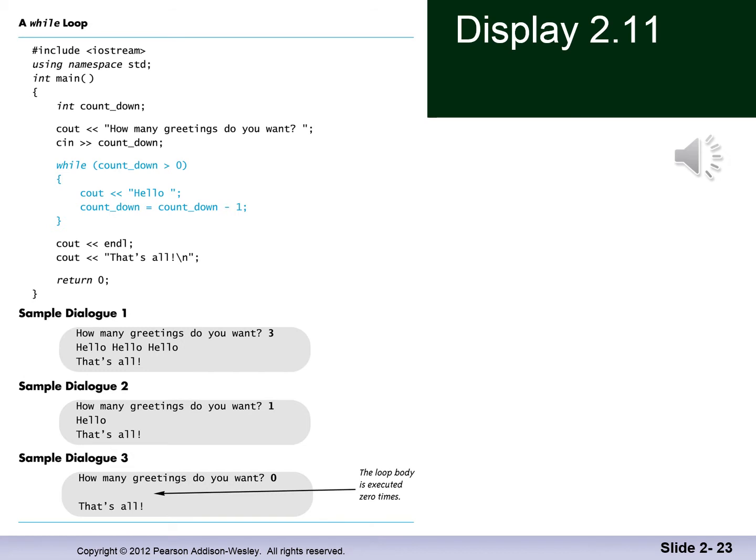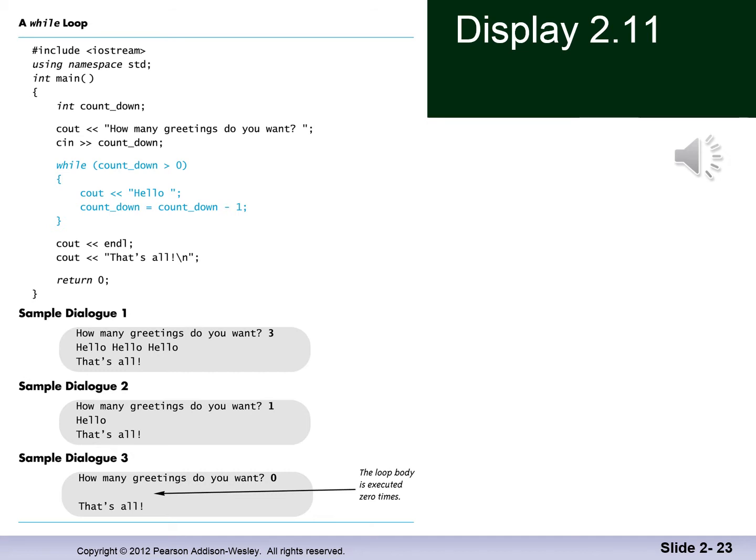Look at the sample dialog number 1. If we type in a 3 as the initial value, the loop will loop 3 times. If we type in 1, it'll loop once. If we type in 0, it will loop exactly 0 times. So it won't loop.